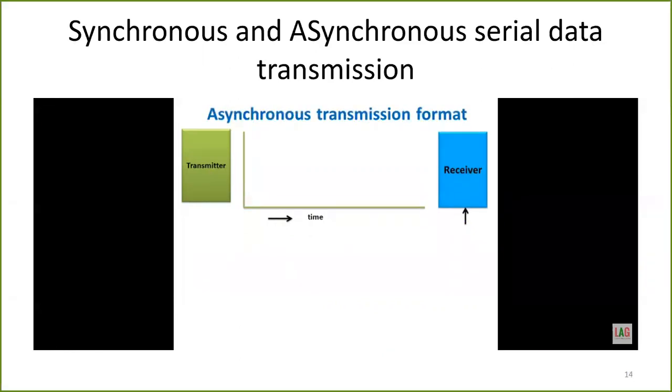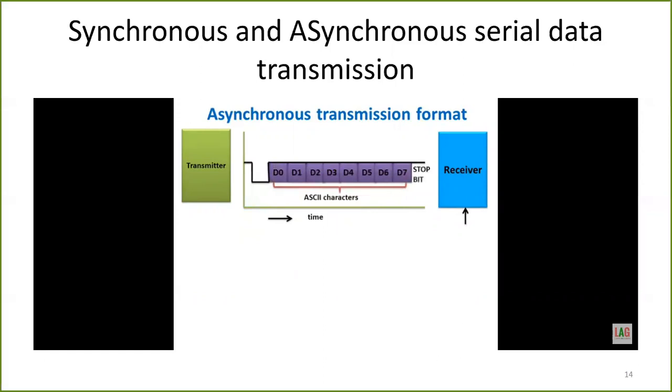Now coming to the asynchronous mode of transmission. Here let us consider data of size 8 bits. This data of size 8 bits has to be transmitted from transmitter to receiver. This data byte can constitute an ASCII character.